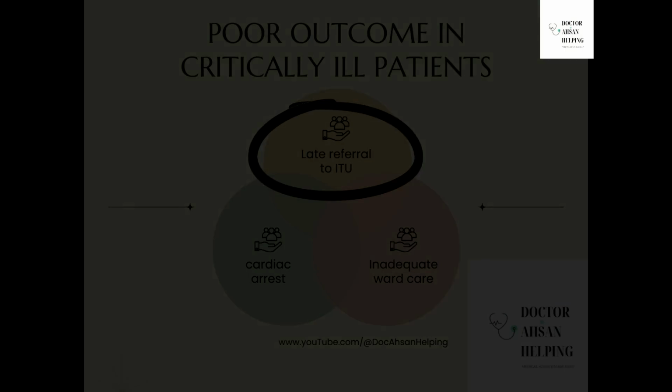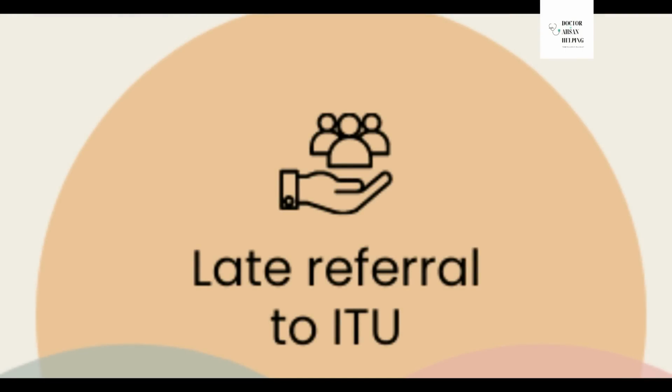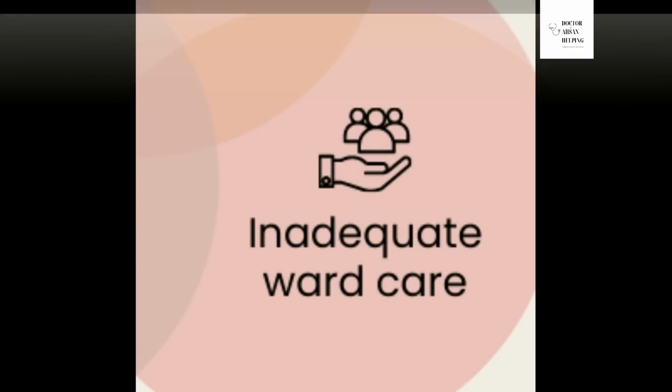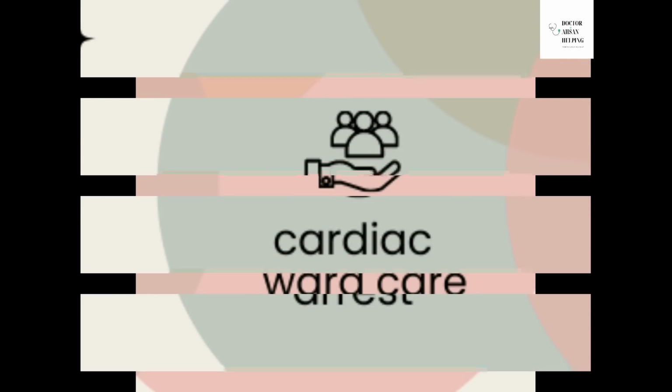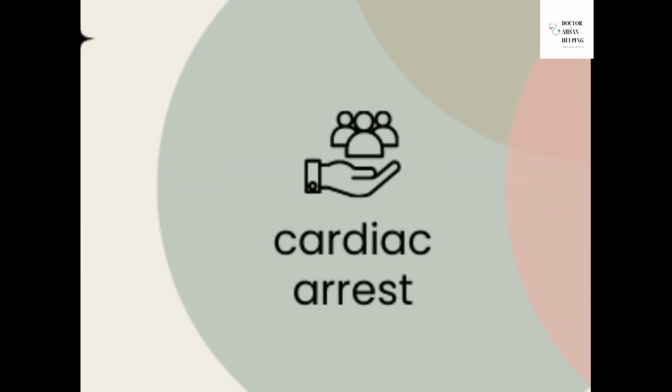There are three things which are considered the reasons for poor outcome in critically ill patients: late referral to intensive therapy unit, inadequate ward care, and cardiac arrest. And if we talk a bit more about cardiac arrest, it is known that around 80% of cardiac arrest cases could have been predicted, and if predicted, could have been saved.